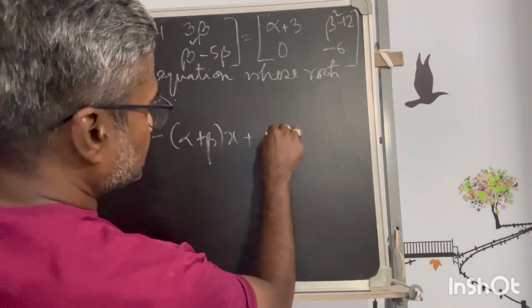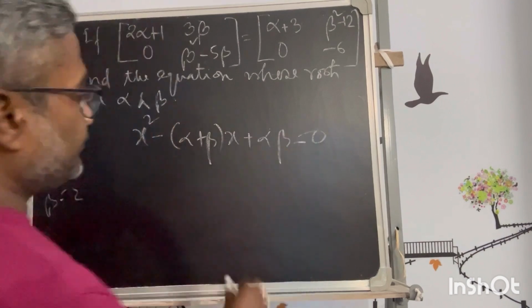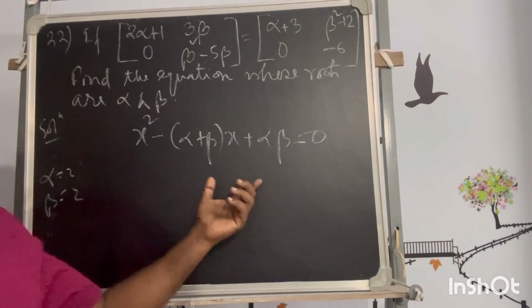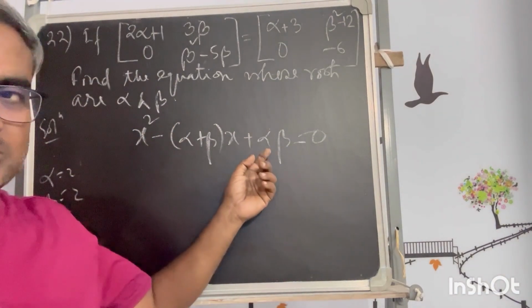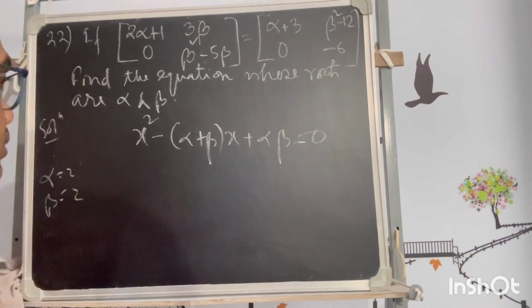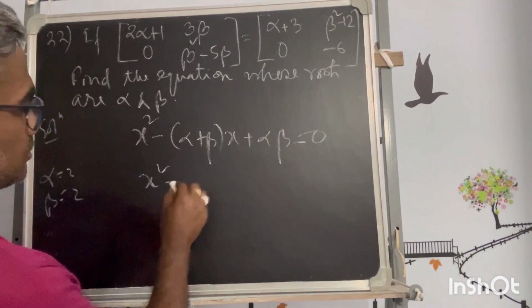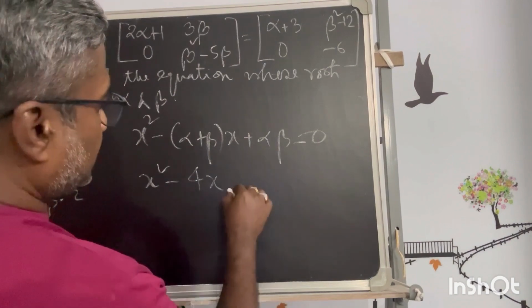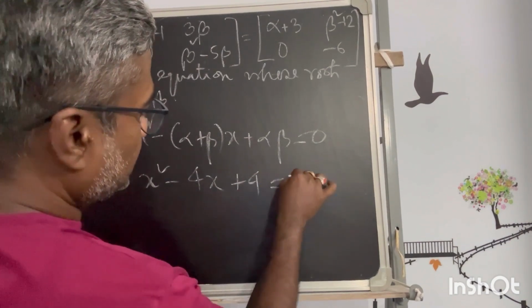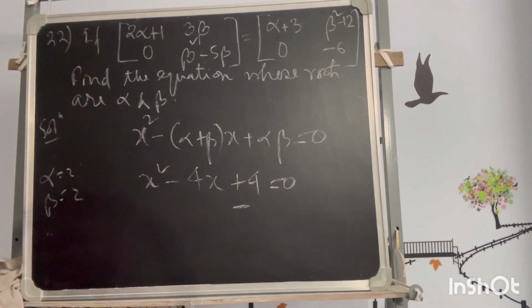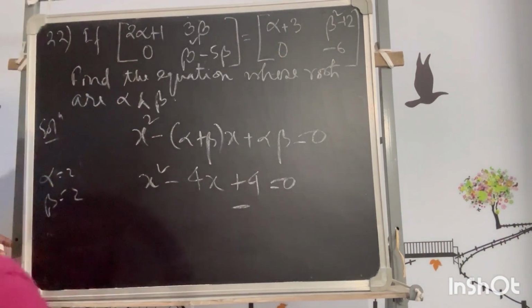This is the generalized form of any quadratic equation where you know the roots alpha and beta. So respectively, if you put the values alpha equal to 2 and beta equal to 2, this will become 4x and this will become 4. So this will be the answer for this solution. Okay, moving to next.